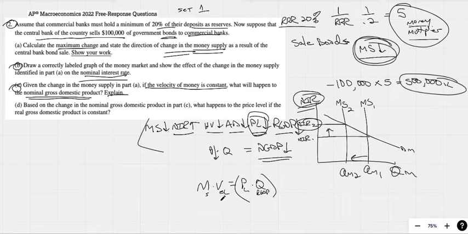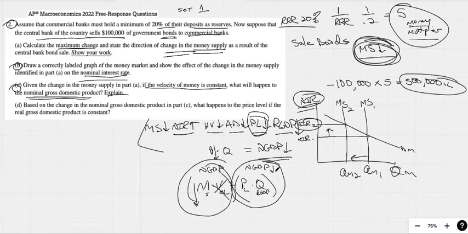Recognize that both sides of this represent nominal GDP. This is an identity. Both sides have to equal each other. So if this side changed, that side has to change also. Here they're telling us, or we know, money supply is going down while velocity of money is unchanged. Well, if this side falls, this side has to fall also.